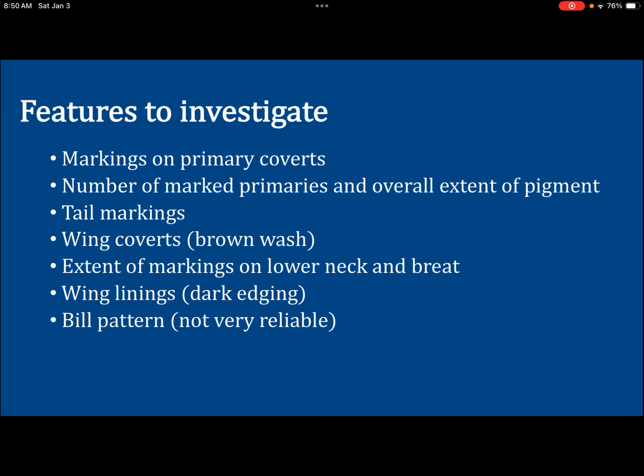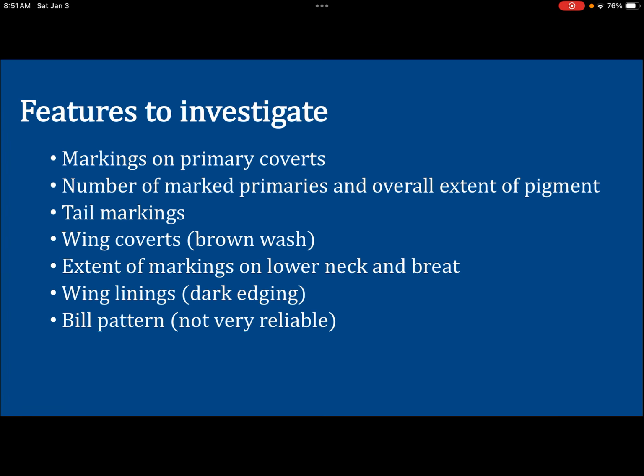All right, so to conclude here, some features that you'll want to investigate if you are into obsessing over these little details with adult types or subadults. We said markings on the primary coverts, the number of marked primaries. So does the bird have markings on P4 when adults typically don't show markings on P4?